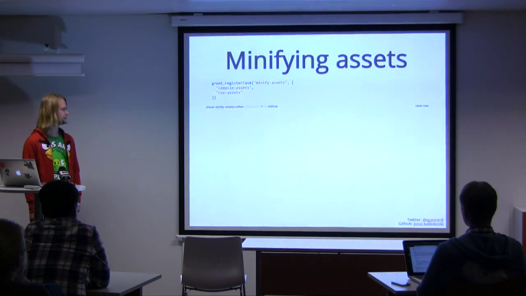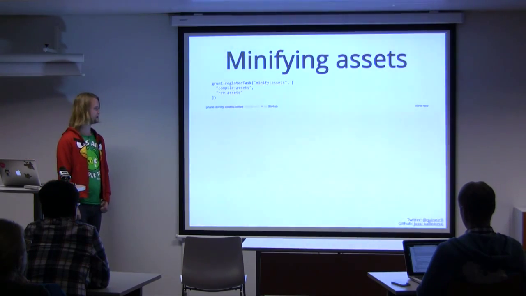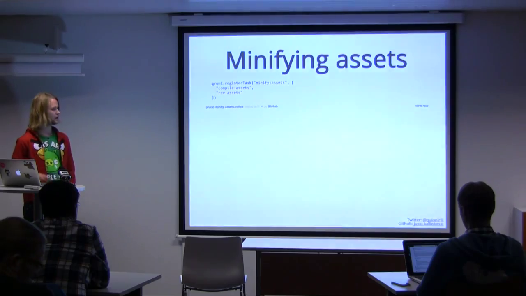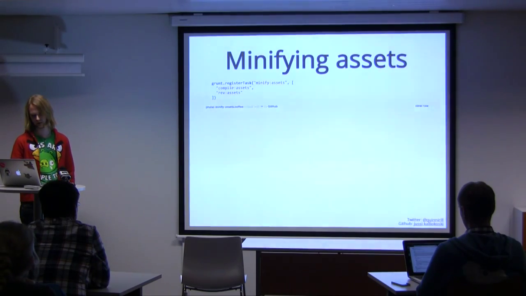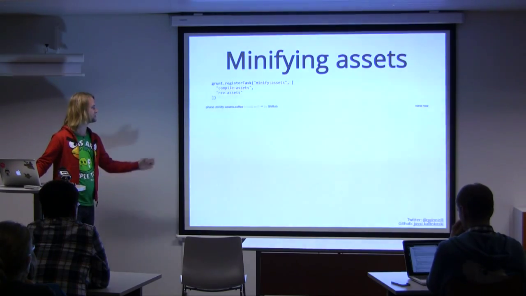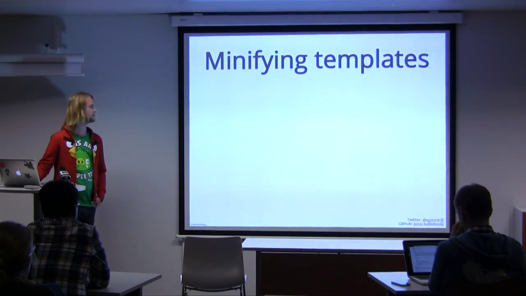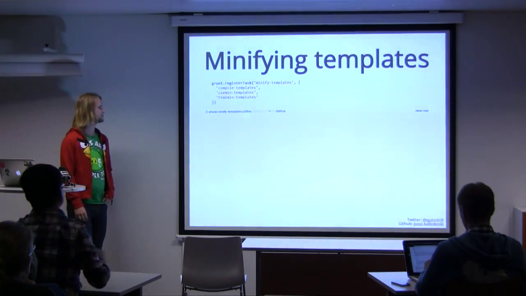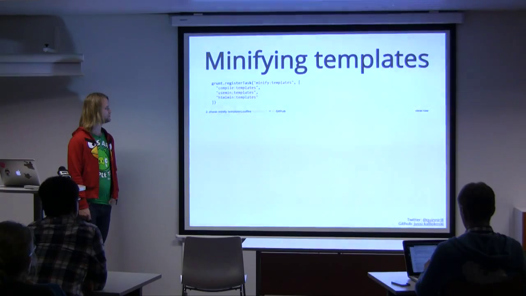Then for assets, you could use something like PNG Quant or other image minification tools, but I didn't want to include them in this presentation, so we'll just revision mark our assets. Okay, so templates: we want to use usemin for our templates as well, so that we can have references to assets in the templates as well.